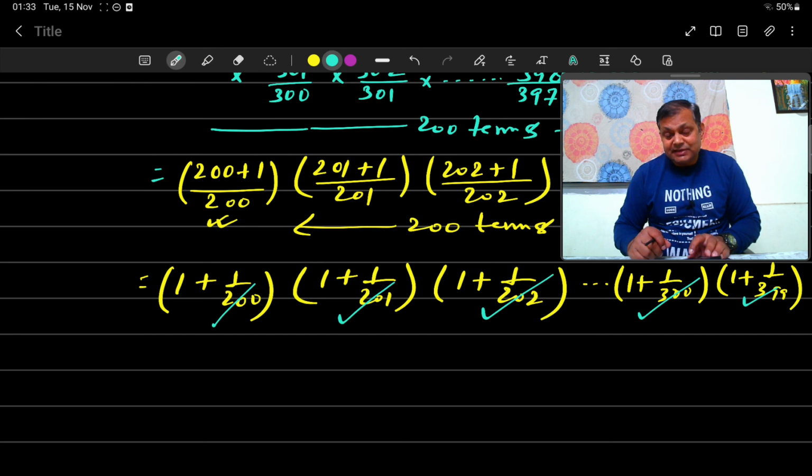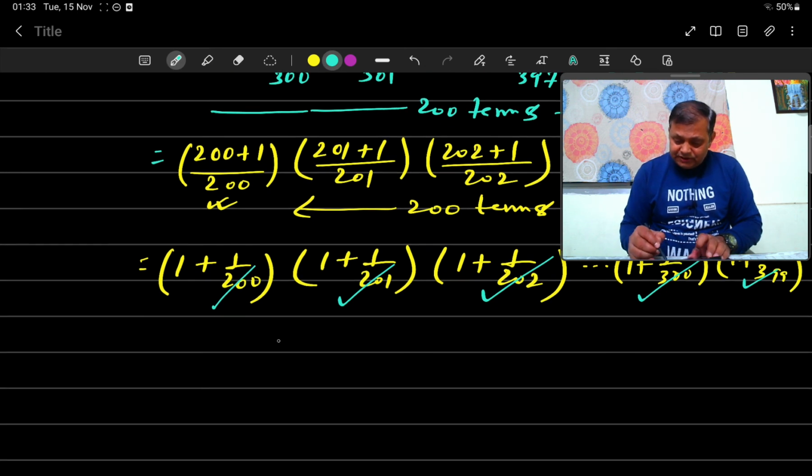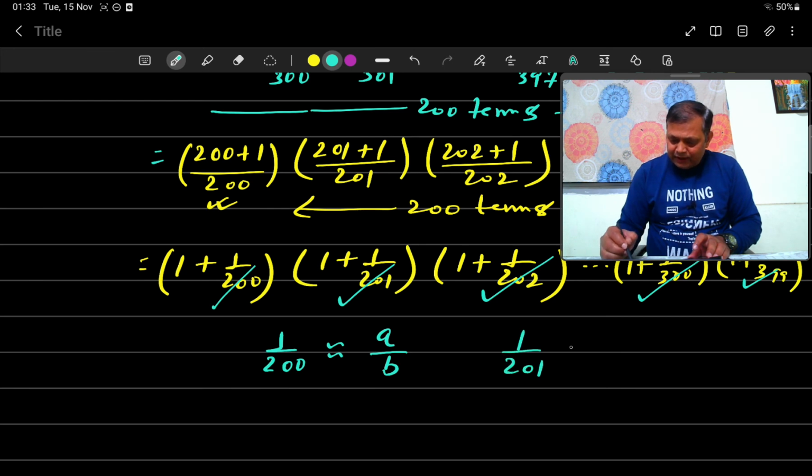So you have to think about it once again. Just see here, 1 by 200. You can approximately take it to be like A by B. And 1 by 201 you can write as A by C, because in the numerator there is a 1 in both, so you write A common to both sides.